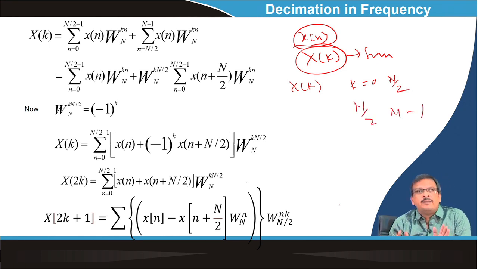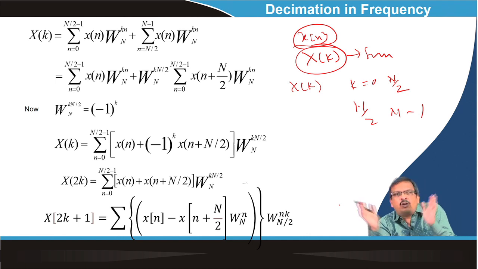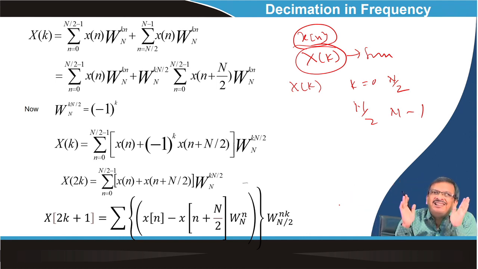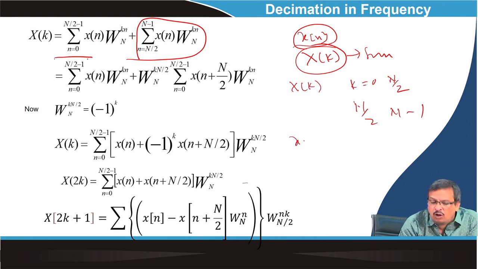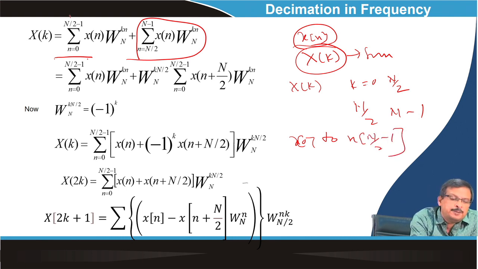So, instead of directly computing the N point DFT, I divide this DFT equation into two N by 2 point DFTs. First I access the signal x 0 to x of N by 2 minus 1 and compute the DFT. Then I access the signal x N by 2 to N minus 1 and compute the DFT.